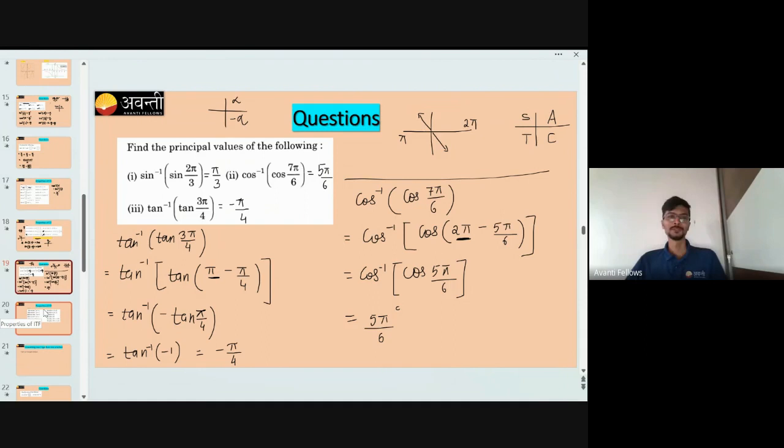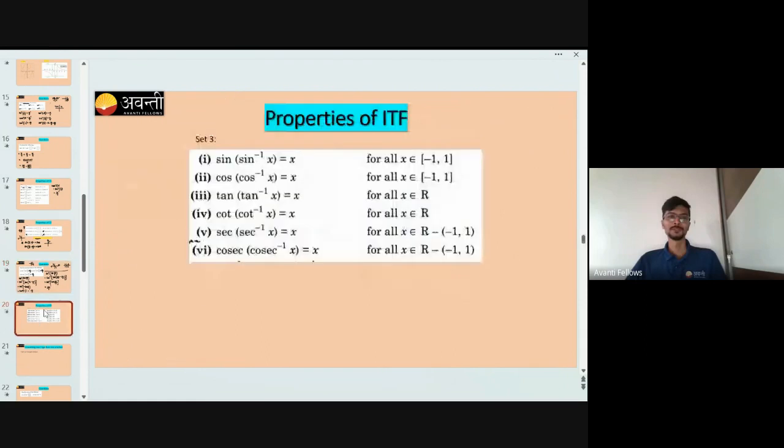As in the starting, I have told you I hope to cover at least till set 3. So now we have begun set 3. Set 3 is just, you can say, the opposite. In set 2 we had sine inverse of sine theta. Here it is just reversed. Sine has gone outside, sine inverse came inside: sine of sine inverse of x. The theme is the same. We need to look at x.